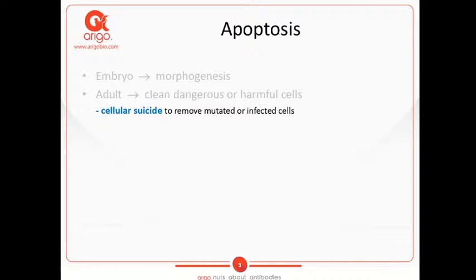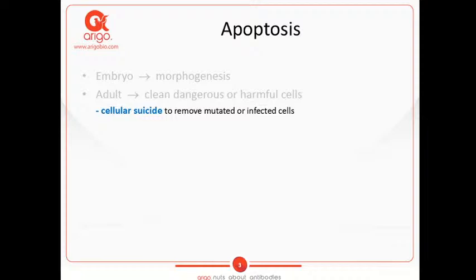The mutated cells are the source of tumor cells, and the infected cells, for example virus-infected cells, proliferate many viruses to infect more normal cells. All these are harmful cells, so these cells have to be removed by apoptosis.